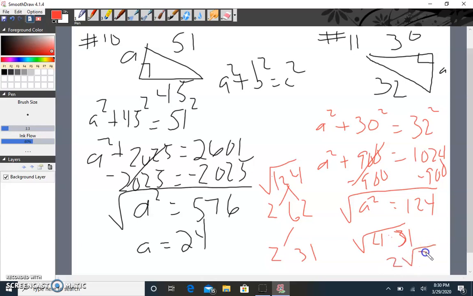There's no perfect square of 31, so our answer is 2 times the square root of 31. So that is how you do the a squared plus b squared and find out any side of the triangle. Whether this was the b side, the a side, it works out the same way. You follow the normal rules when you're trying to find the hypotenuse, which is always going to be c.